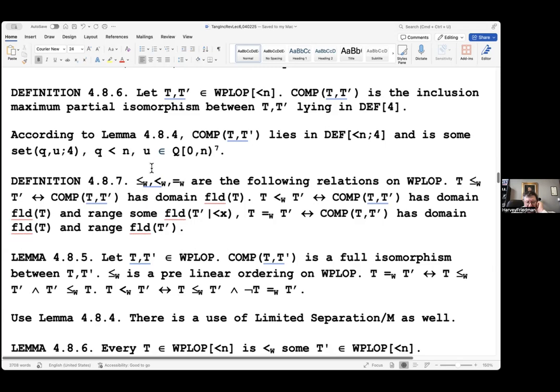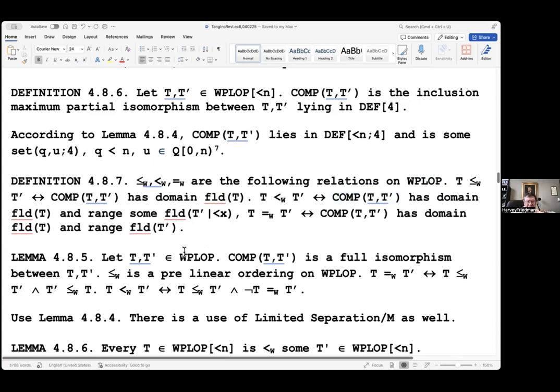And we're going to use this as our main well ordering, as our pre-well ordering, namely less than or equal W, less than W, and less than and equal W are going to be the relations on W plot as you'd expect. Okay, namely, how would you compare them? Just in the obvious way, according to the nature of the maximum partial isomorphism.